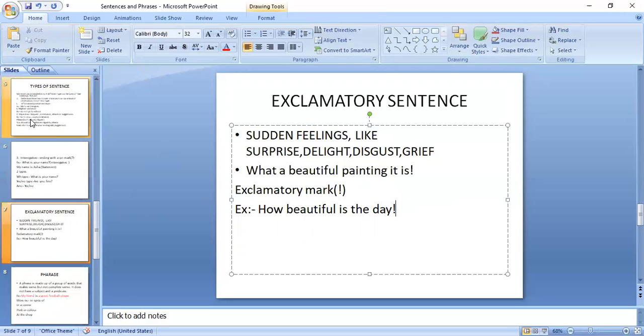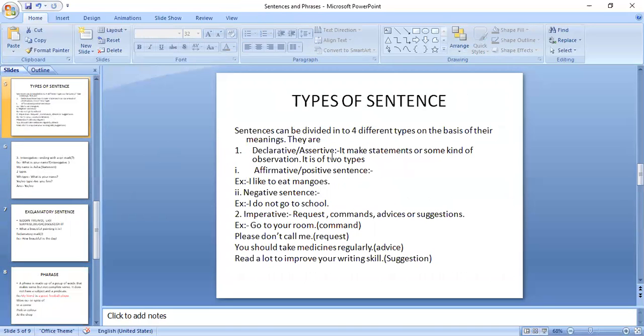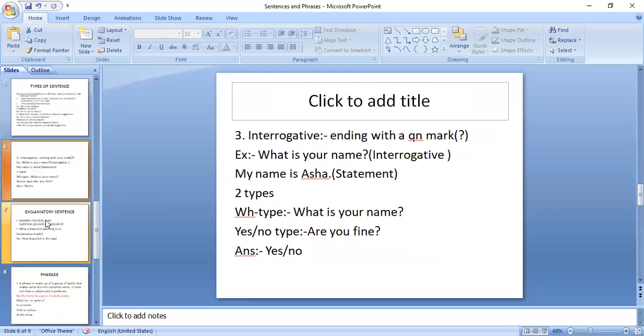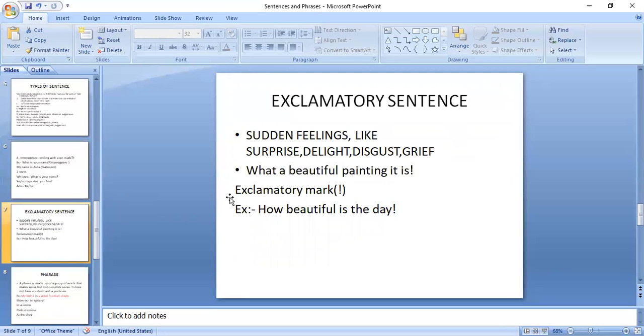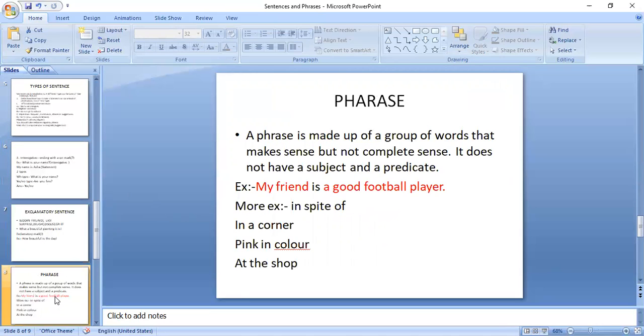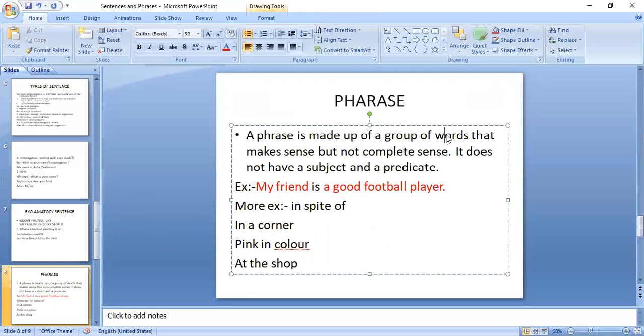So now I have explained the types of sentences, that is declarative or assertive sentence, imperative sentence, then interrogative sentence, then exclamatory sentence. Now I'll move to phrase. What is a phrase? A phrase is made up of a group of words that makes sense but not complete sense. It does not have a subject and a predicate.